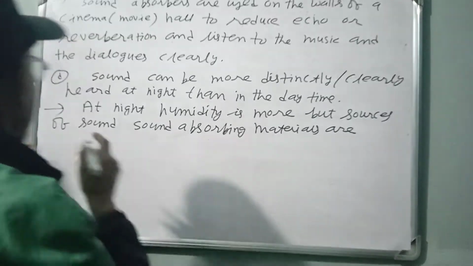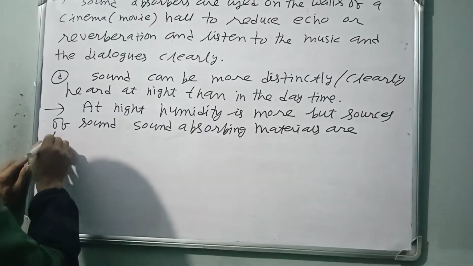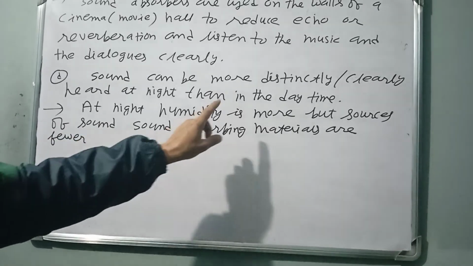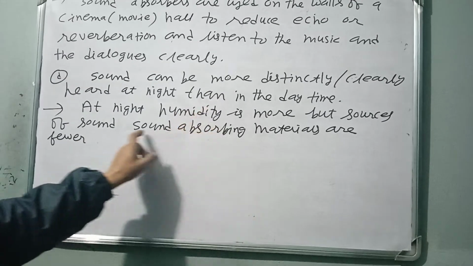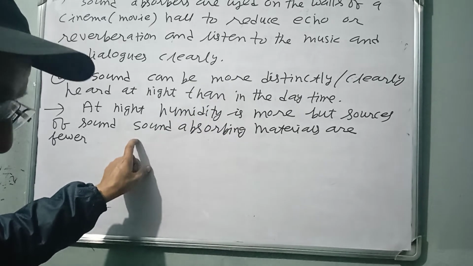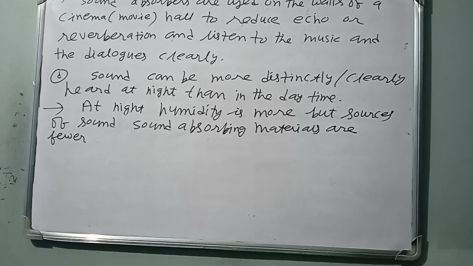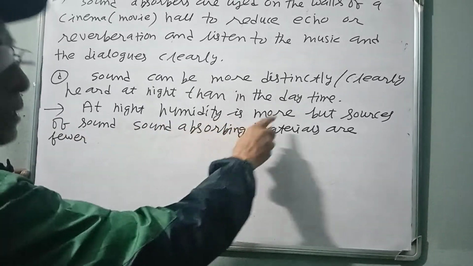Sound absorbing materials are fewer. Or number one, more humidity, and another is sound producers or disturbers are less in number. It is better to write at night humidity is more.